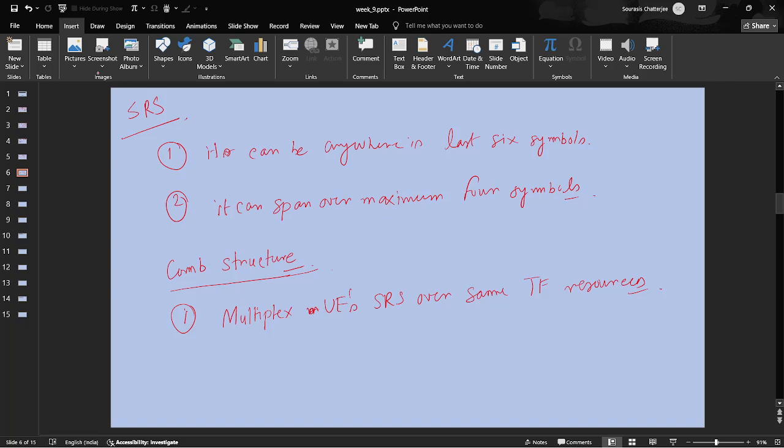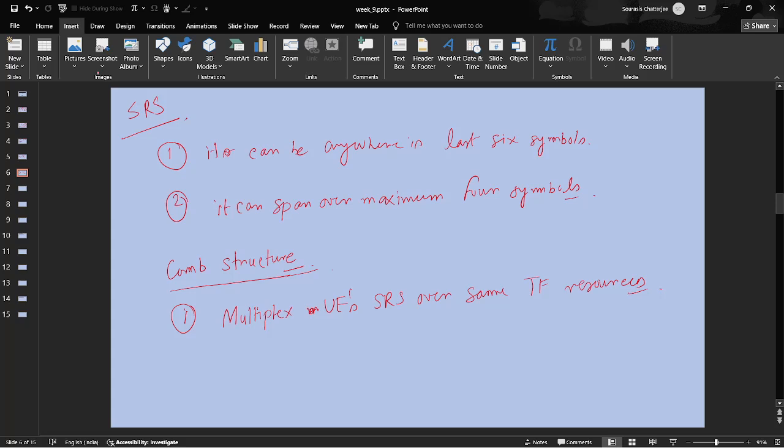Let's say for one PRB, if the offset is 0, can SRS appear at every subcarrier: first, second, third, fourth?